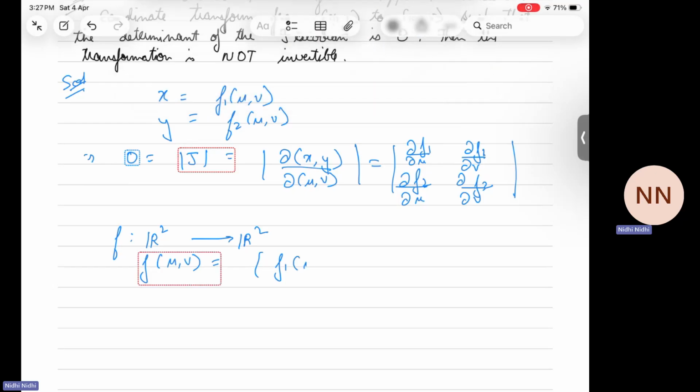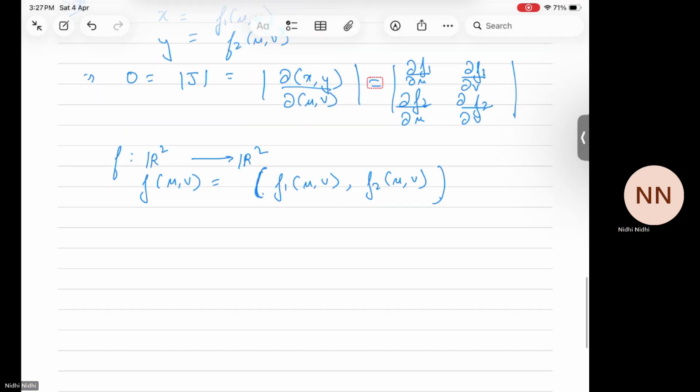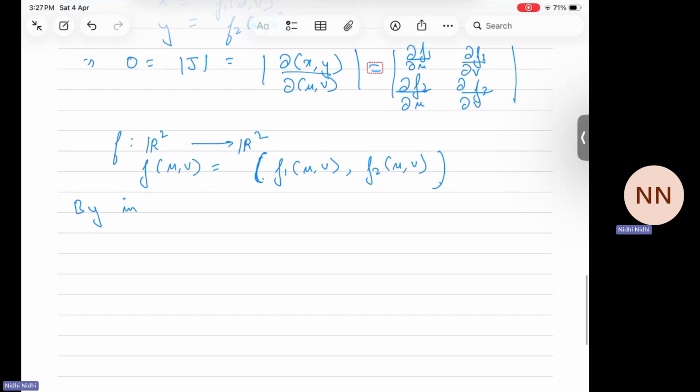Then we know that by the inverse function theorem, I'll just recall this inverse function theorem for you, or at least the part that we need.